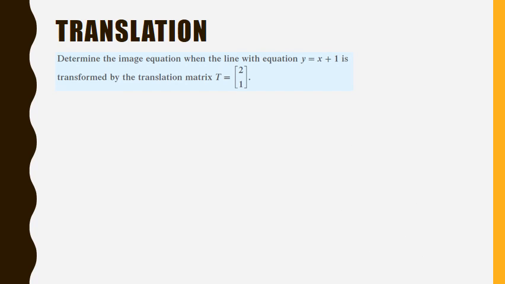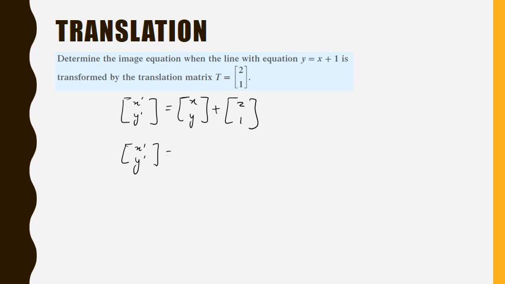Alright, determine the image equation when the line with equation y equals x plus 1 is transformed by the translation matrix t equals 2, 1. Now, we want our new points to be equivalent to the x and y adding on to 1, which then tells us that x and y is going to be equivalent to x plus 2 and y plus 1.